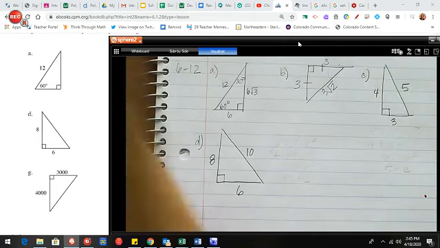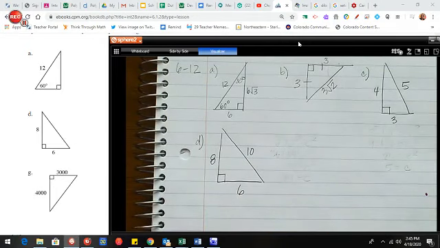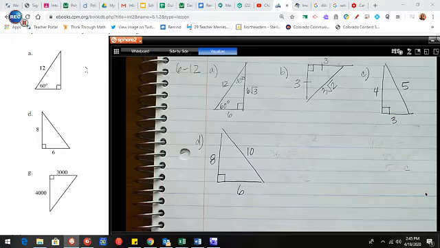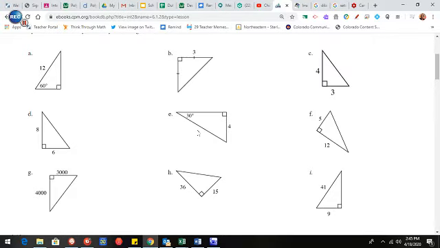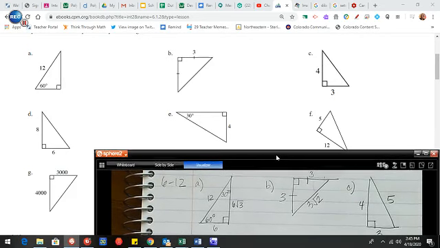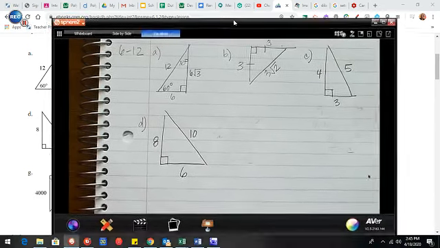Okay, so this is 10. And let me get just an extra sheet of paper for the work. You don't have to fit all of this necessarily on one sheet. Okay, for E, you have a 30, 60, 90 triangle, and you have a short leg of 4.